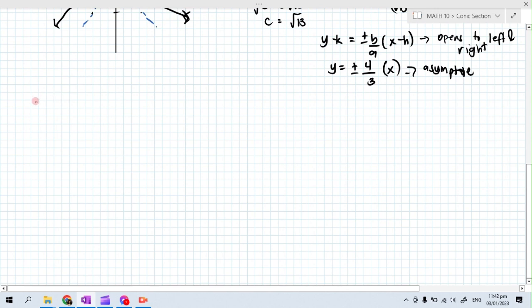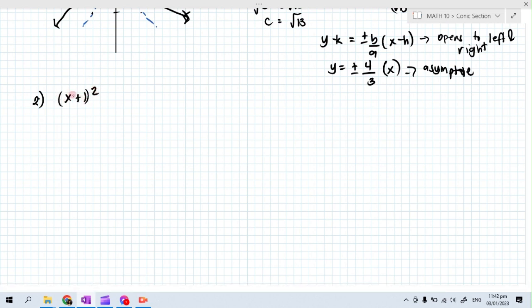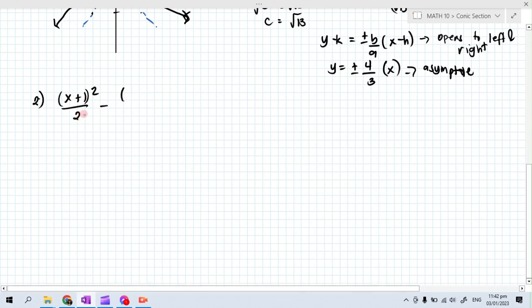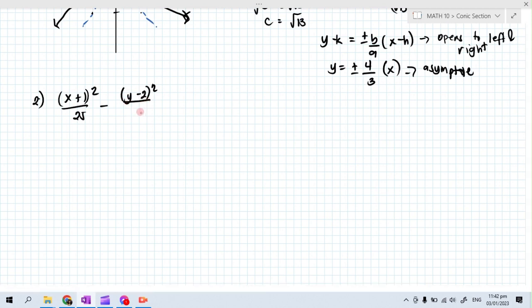Now, how about if we have an equation like this: x plus 1 squared over 25 minus y minus 2 squared over 16 is equals to 1.